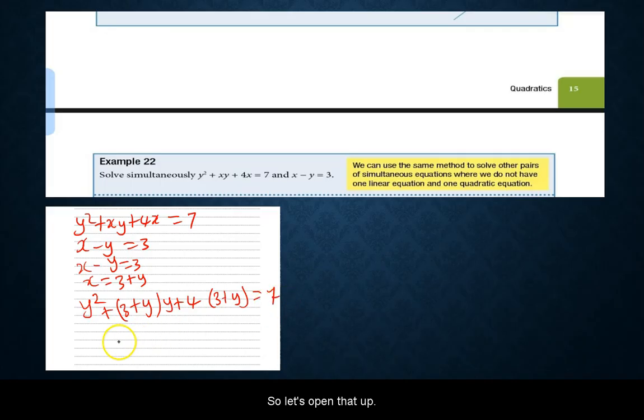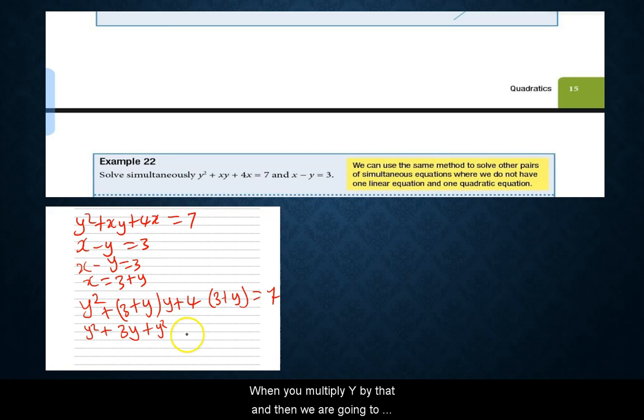So let's open that up. We are going to have y squared plus 3y when you multiply y by that, and then plus y squared, plus 12, plus 4y, minus 7 equals 0.